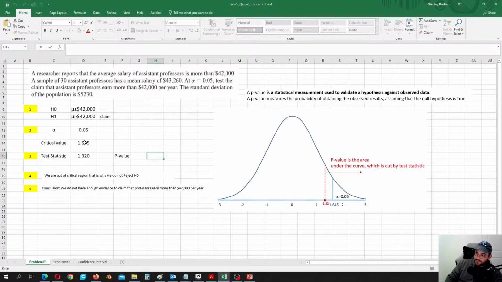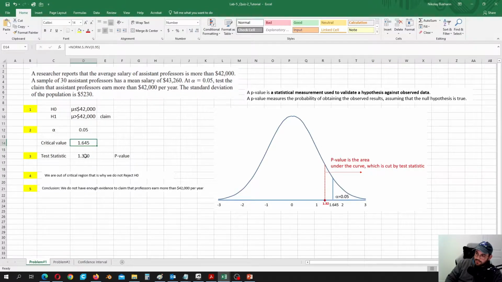But then for the critical value method, we calculated the critical value based on the significance. We used our normal standard inverse function and calculated such a z-score which was cutting the area 0.05 from the right. So we use 0.95, which is the area to the left, 95% of the area, leaving us with 5% on the right.